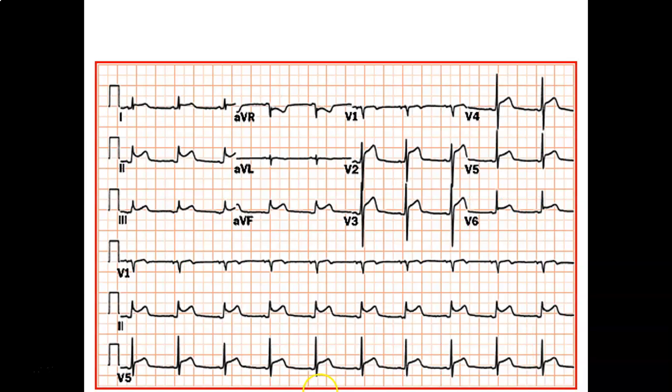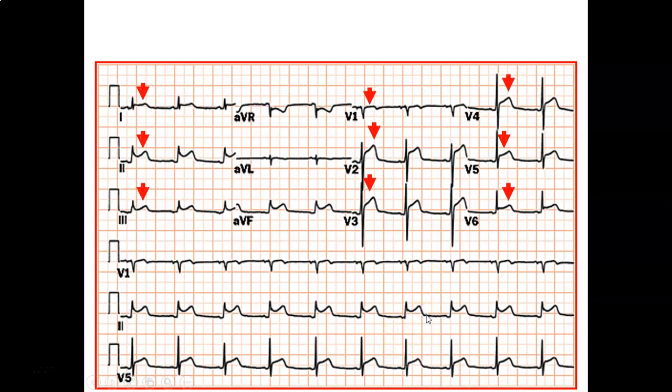Look at this ECG and try to find the ST segment elevation. So you see it's there everywhere. Lead 1, 2, 3, AVL, AVL is probably not seen, AVF and all the chest leads, but AVR and V1 are negative. So in most of the leads, ST segment elevations are there.